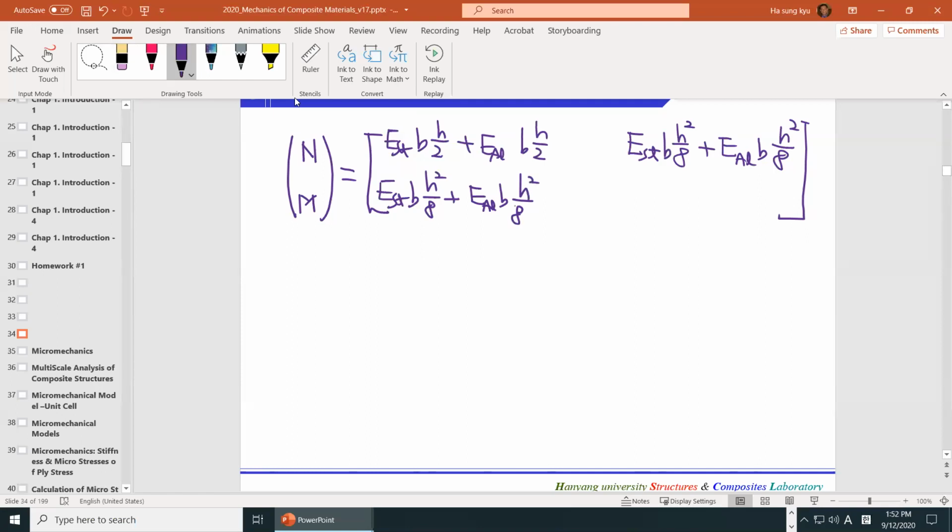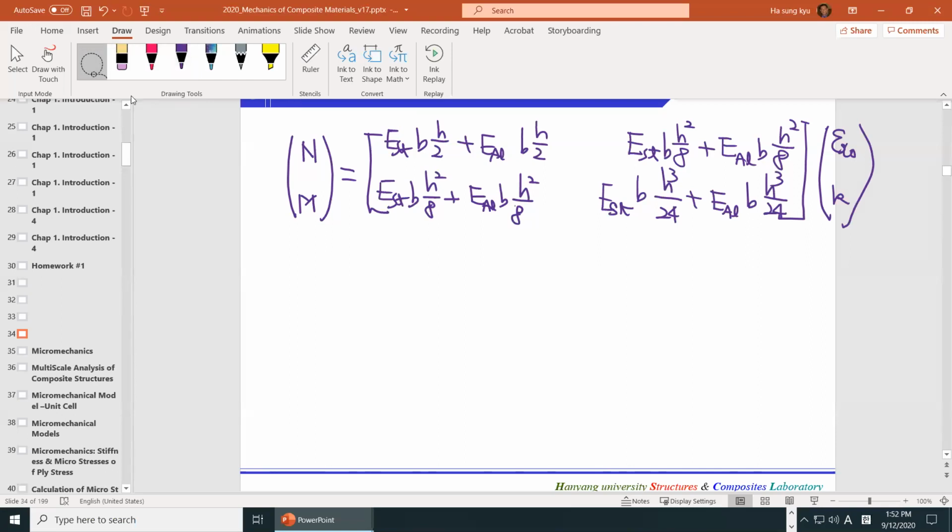And the last term E_ST and B and 24 H third plus E_aluminum and B 24 H third. Okay, and then in matrix form there's epsilon x0 and curvature. So this is the final form.